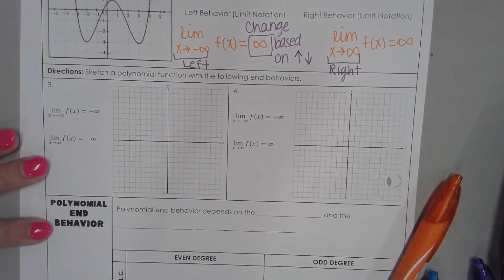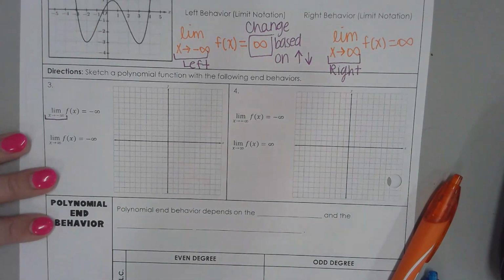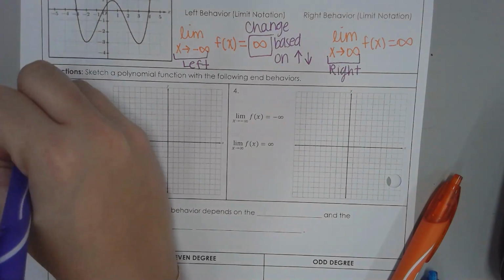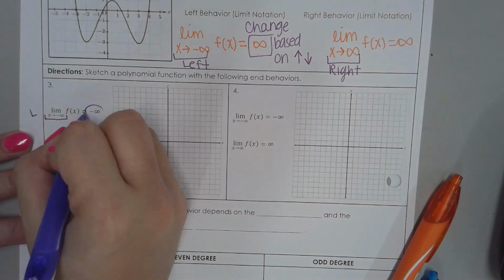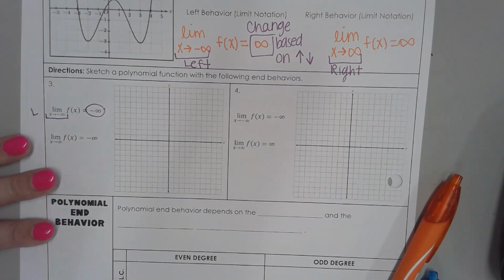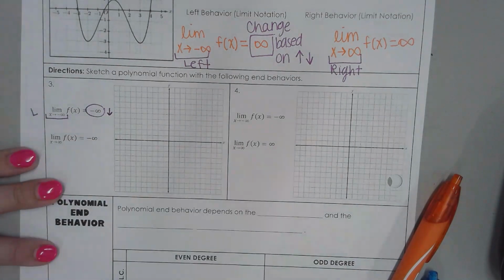So here, as x approaches negative infinity, I'm talking about which side? The left or the right? The left. Okay. So on the left side, it's equal to negative infinity. So that means my arrow is going to point how? Down. So on the left side, my arrow is going to point down.